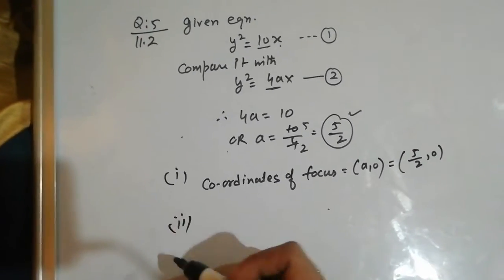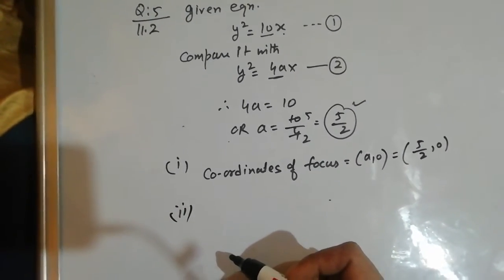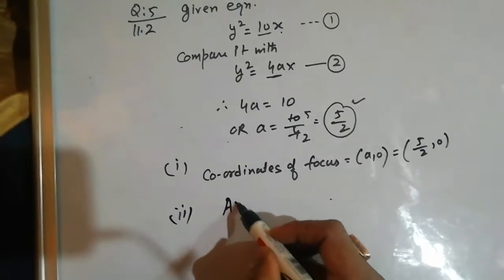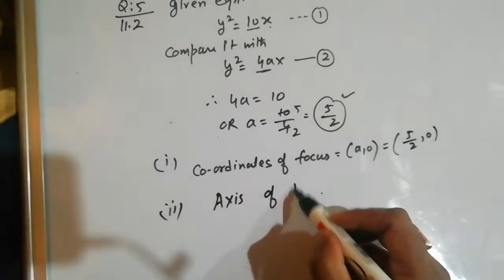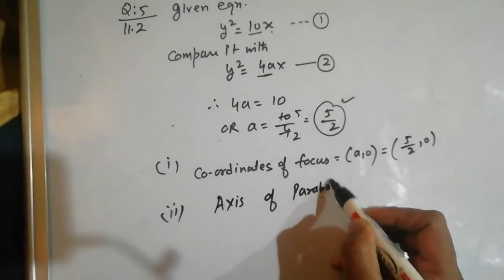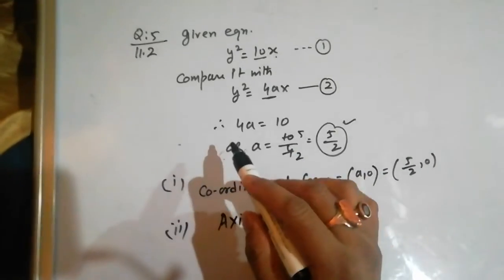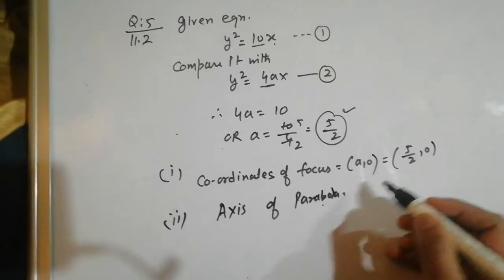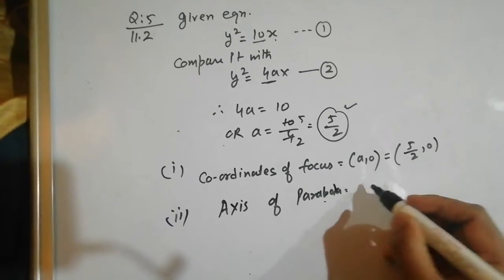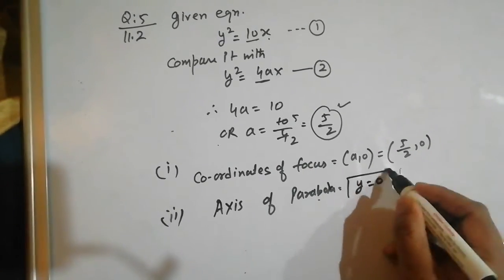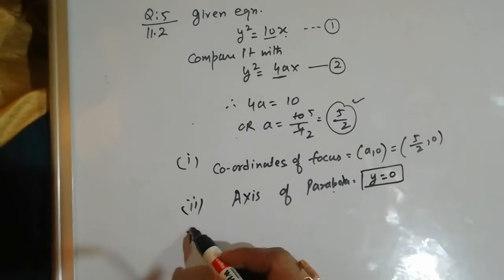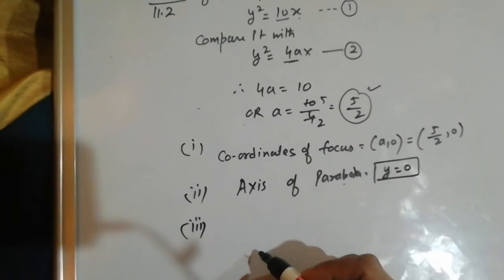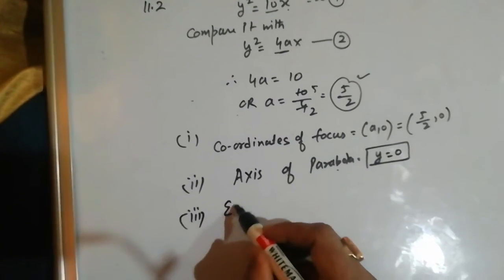Now the second thing is the axis of parabola. As the parabola is along the positive x-axis only, the equation of the axis, the equation of the x-axis, is y equal to 0. And the third one, they are asking the equation of directrix.